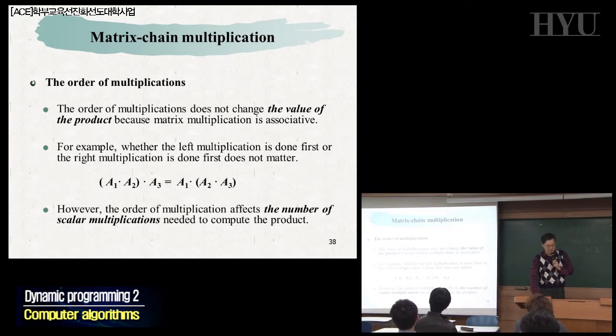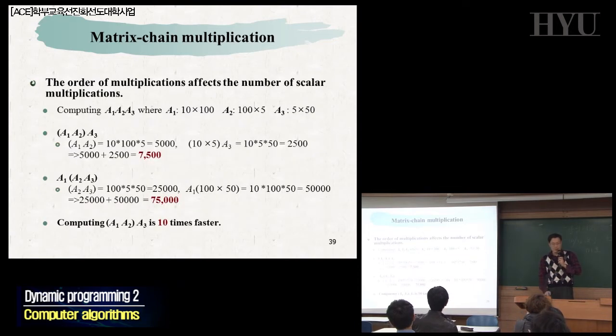For example, the result of the left-hand side is the same as that of the right-hand side, and we all know it. But the order of multiplication affects the number of scalar multiplications. Look at this example.